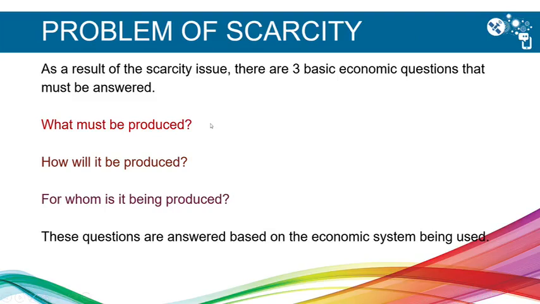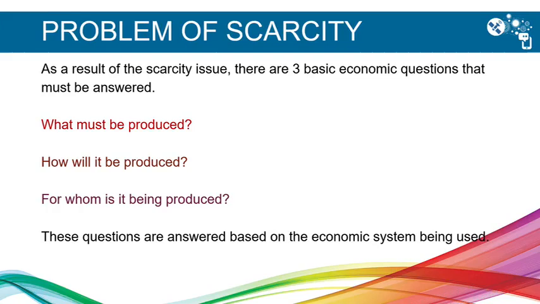Right, so let's look at this problem of scarcity that we have. As a result of the scarcity issue, there are three basic economic questions that must be answered. And the three questions which you were taught in term 1, or when you just started with economics, are: what must be produced, how will it be produced, as well as for whom is production taking place?